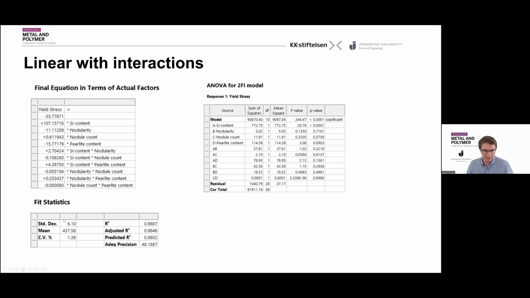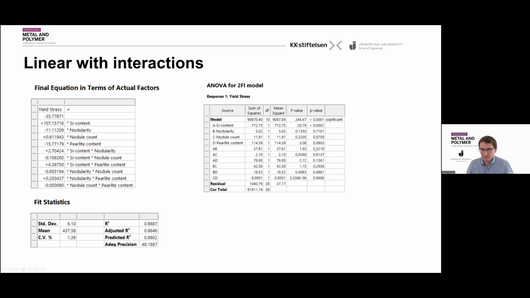Well, let's look at the fit statistics again. The R-squared value, well, it's almost the same. So we have added a lot of terms, but we don't really get a better fit. The adequate precision has gone down, so it's not really better. And looking at the significance of the terms, we can see, okay, silicon content, that factor is still significant.